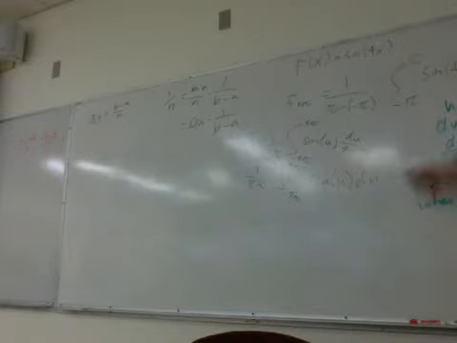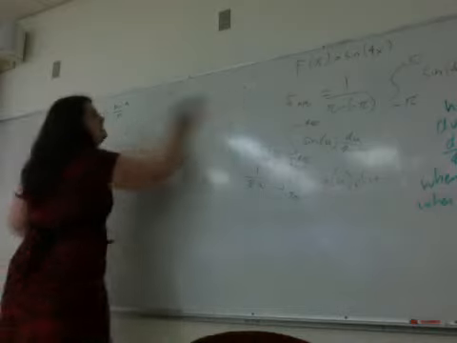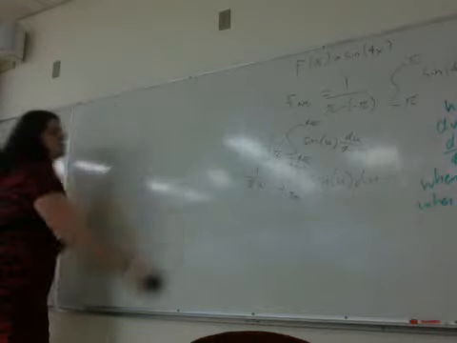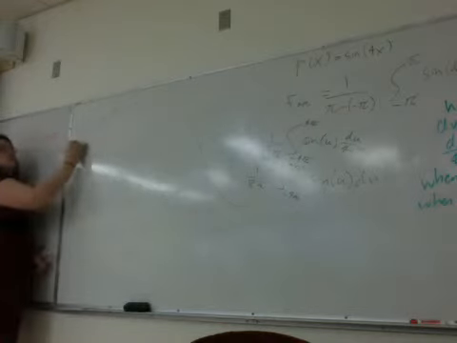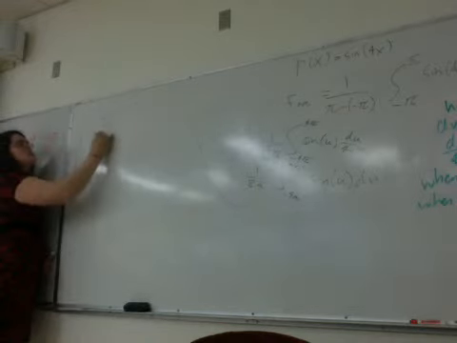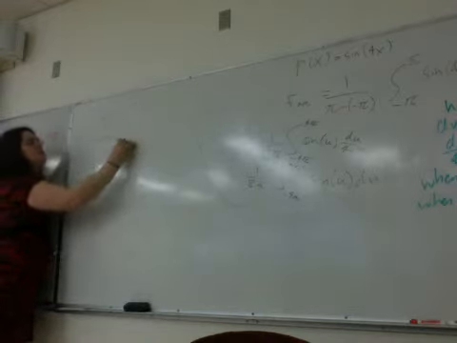And then we just need to find the antiderivative of sine, which is negative cosine. So we're going to have negative cosine u from negative 4 pi to positive 4 pi.